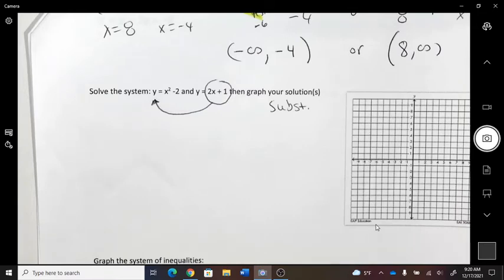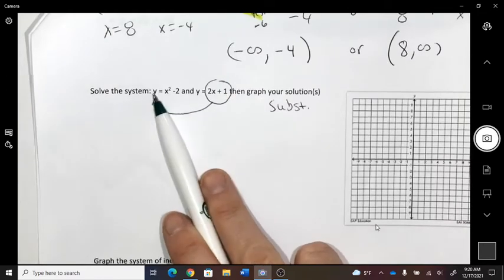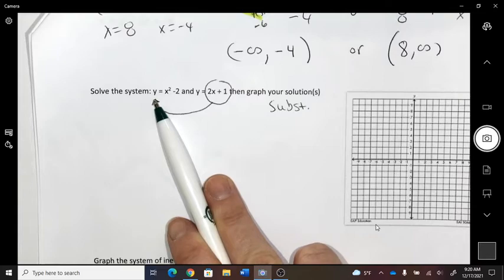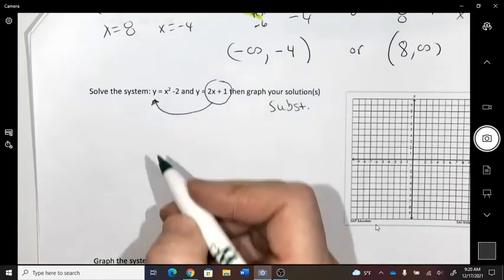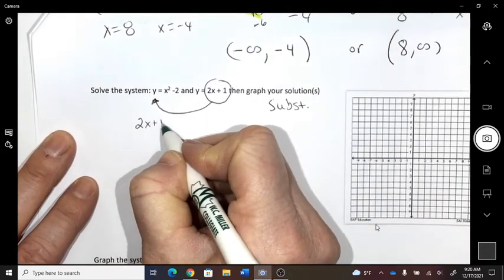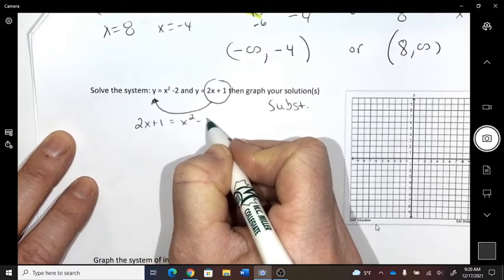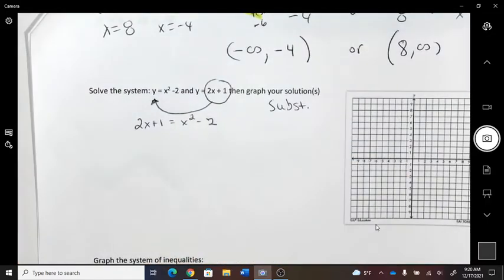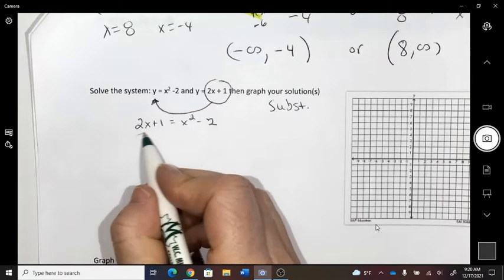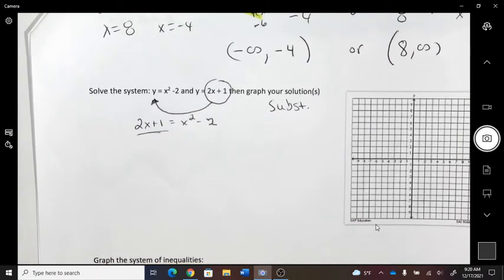So y is equal to 2x plus 1. I can move that and replace the y, right? Okay, there's my substitution. Now, when I see stuff like this, I see x's, I see x squareds. That's two variables, so I'm going to zero one side.